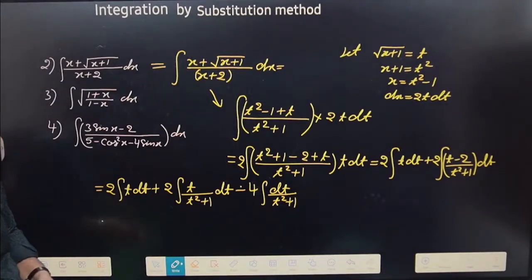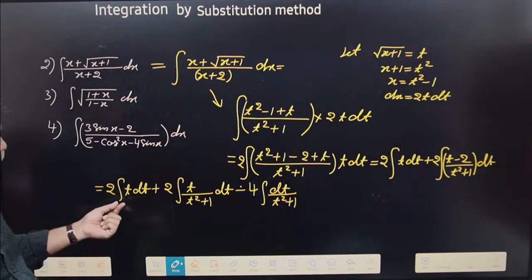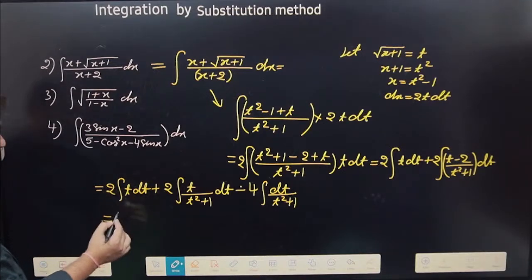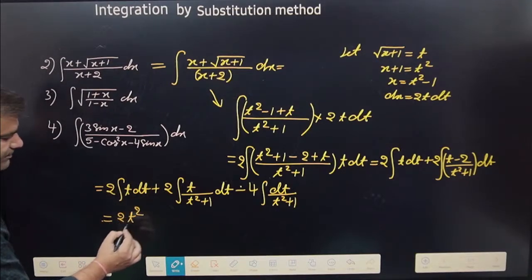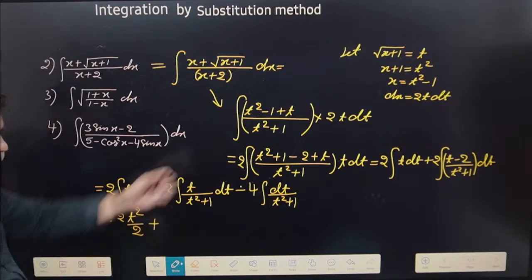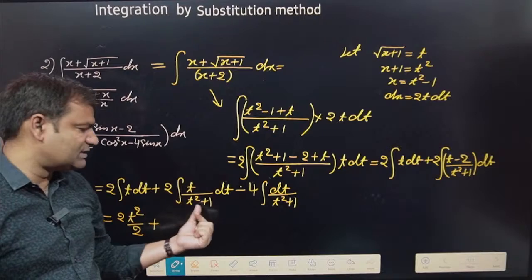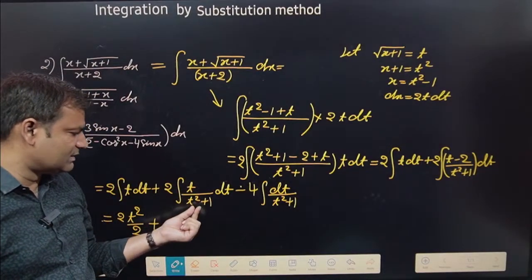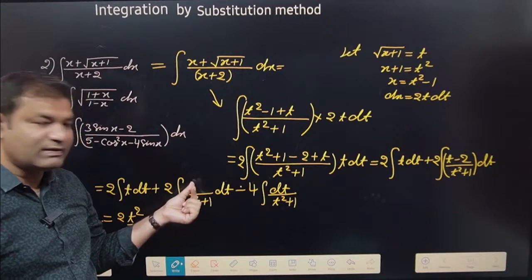Okay. What about that value? Simply this is 2 t square by 2. And what about that value? t square plus 1, this will equal y. Then if this one is y, then that is dy.